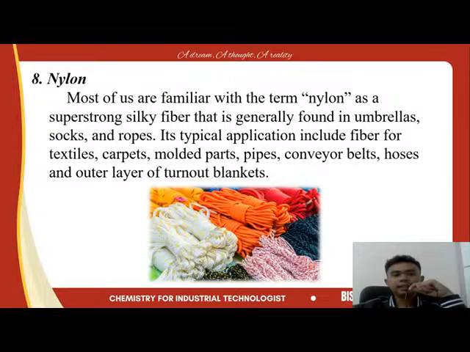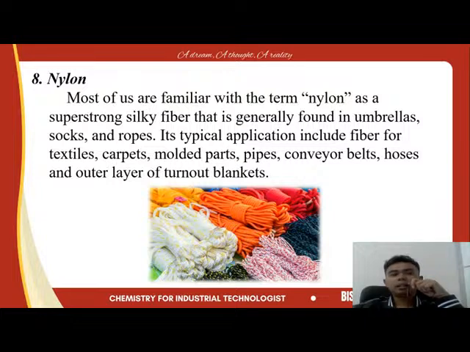Next to Teflon is nylon. Familiar with nylon? We encounter this word oftentimes in our community. Most of us are familiar with the term nylon as a super strong, silky fiber that is generally found in umbrellas, socks, and ropes. Its typical applications include fiber for textiles, carpets, molded parts, pipes, conveyor belts, hoses, and outer layer of turnout blankets.